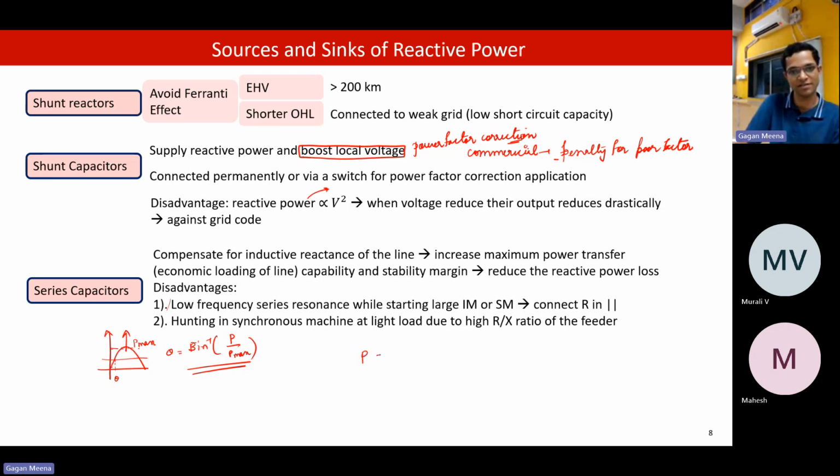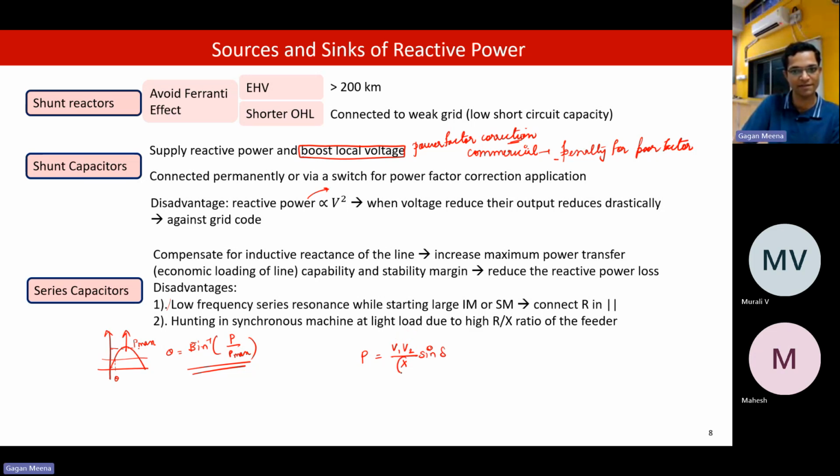because P is equal to V1 V2 by X sine delta. Now, if we want to increase this P max, the voltages are generally close to 1 per unit, as different types of reactive power compensation devices are used. We try to keep the voltage at around 1 per unit.